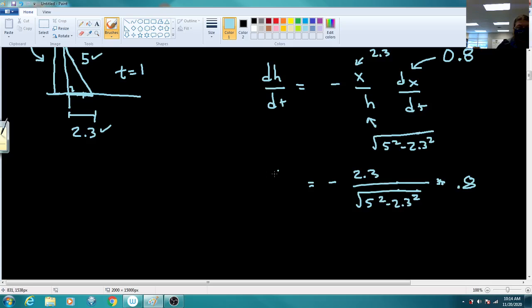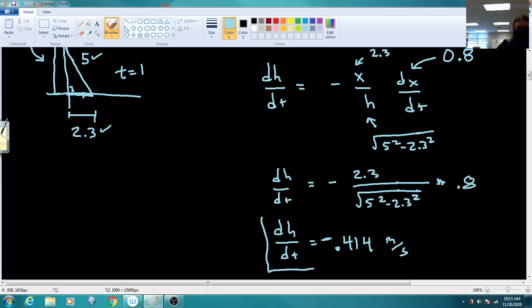So that'll be dh/dt. And let's see here. It's 2.3 divided by the square root of 5 squared minus 2.3 squared, all that times 0.8, and that gives us dh/dt. I'm going to round it to 3 decimal places. It's negative 0.414, and the units on this would be meters per second.